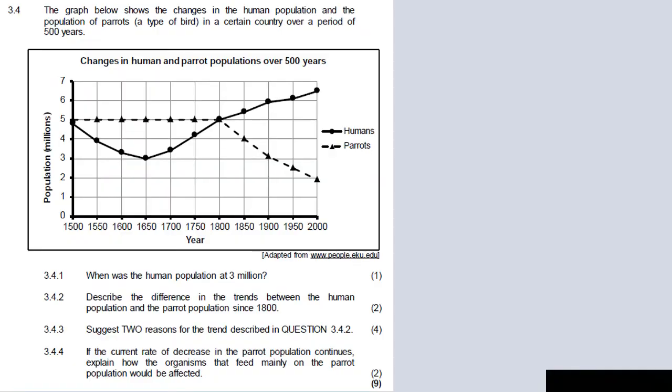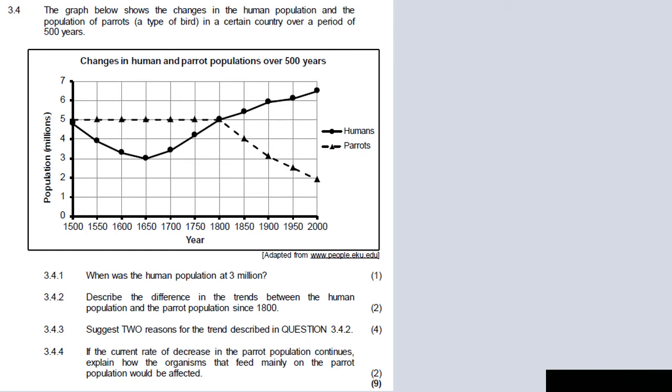Question 3.4. The graph below shows the changes in the human population and the population of parrots, a type of bird, in a certain country over a period of 500 years. The graph is titled Changes in Human and Parrot Populations Over 500 Years.